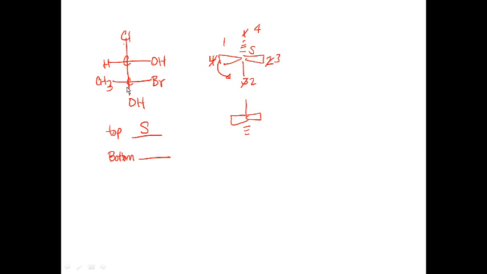How about the bottom carbon? Well, I've got bromine, oxygen, carbon, and carbon. Bromine number 1, oxygen number 2. So how about these two carbons? This carbon over here has 3 hydrogens attached to it. What does this carbon have attached to it? An H, an O, and a Cl.